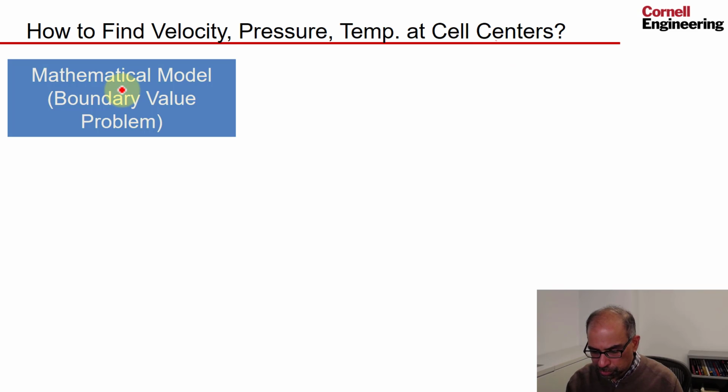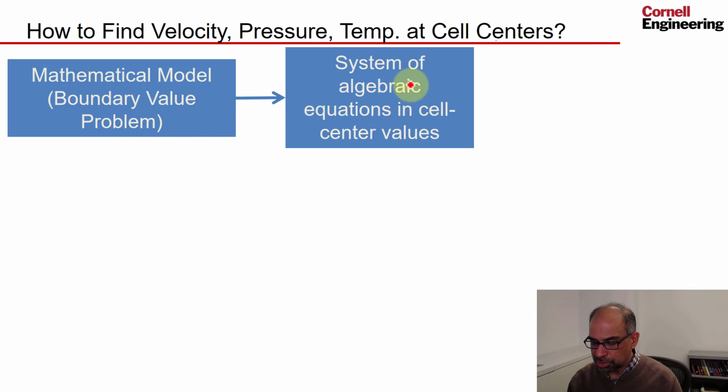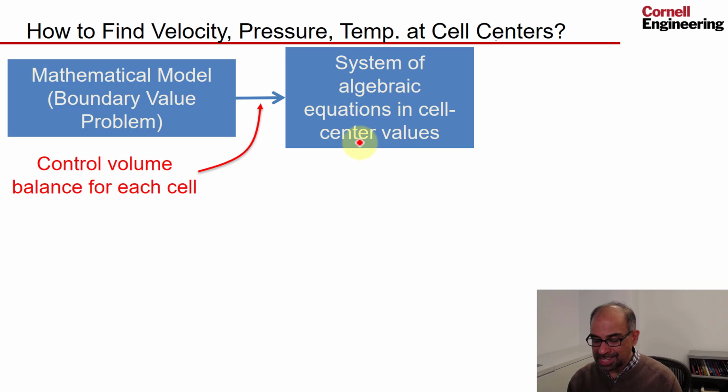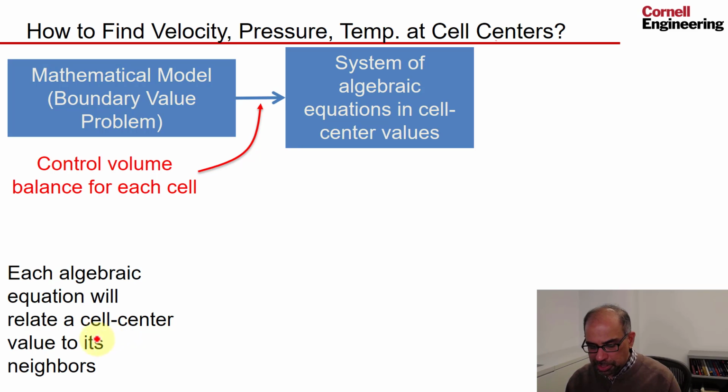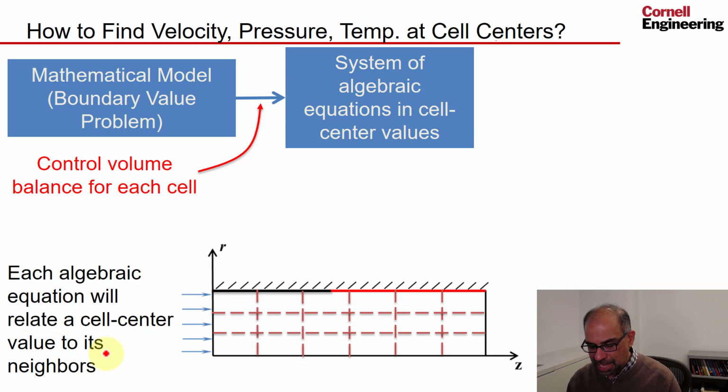So to find the cell center values, you start with your boundary value problem and you derive a system of algebraic equations in cell center values. And you do that by doing a control volume balance for each cell. And I dig deeper into this in the big ideas in computational fluid dynamics in my online course at EDX. And each algebraic equation relates a cell center value to its neighbors.